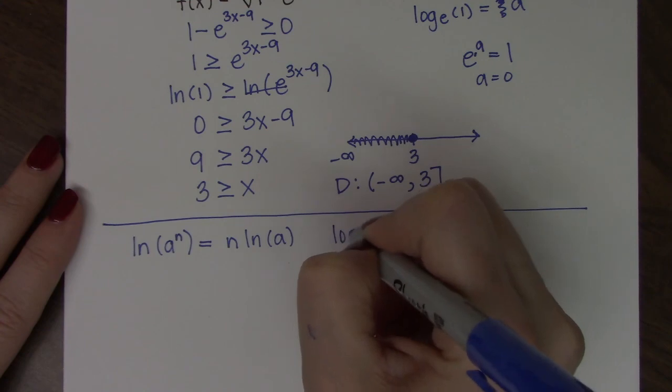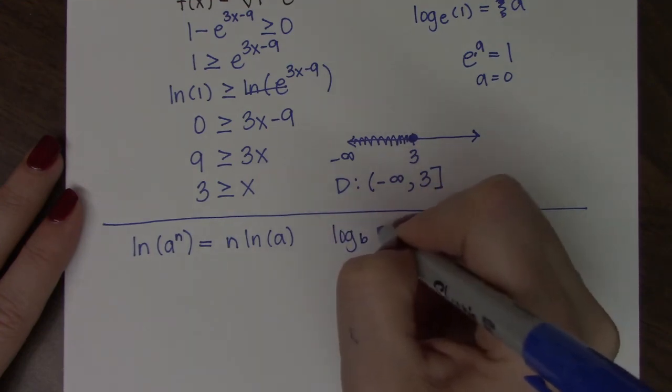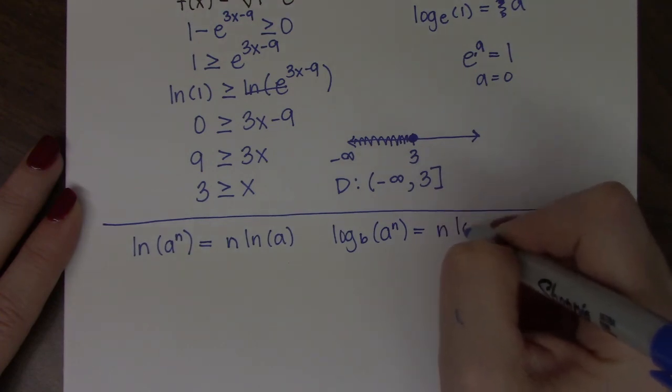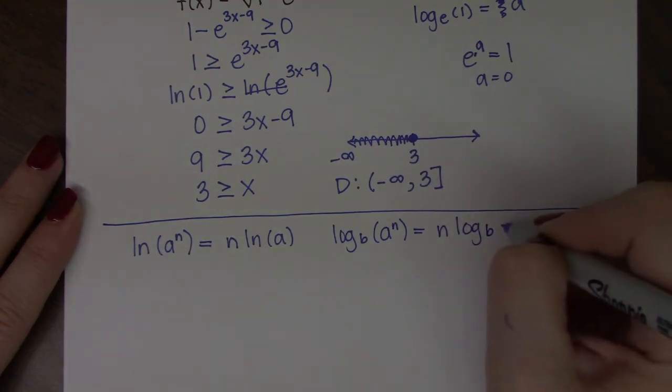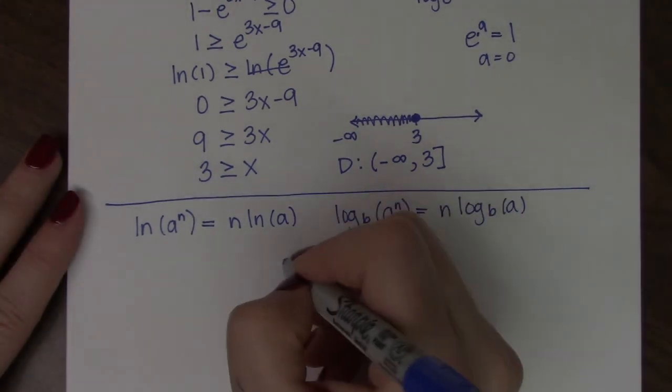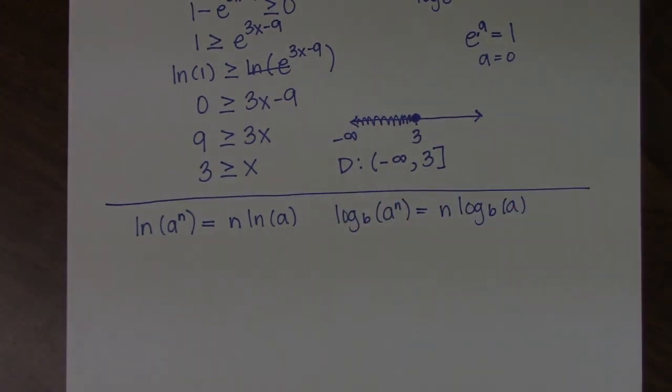This is true for log of any base. So log base b of a to the n would equal n times log base b of a. So we can use that to solve an expression like the following.